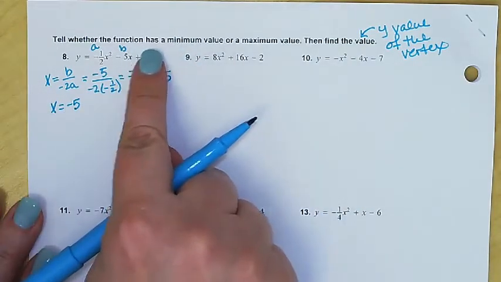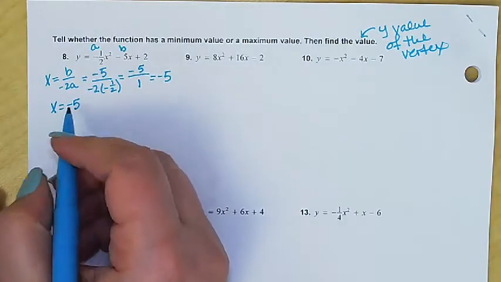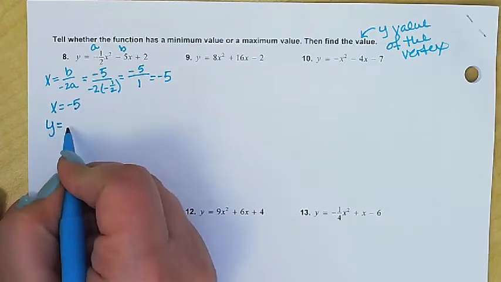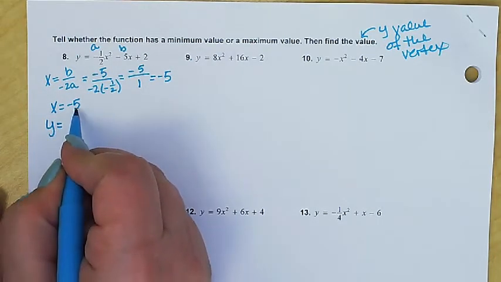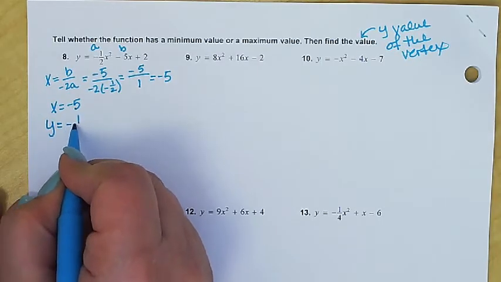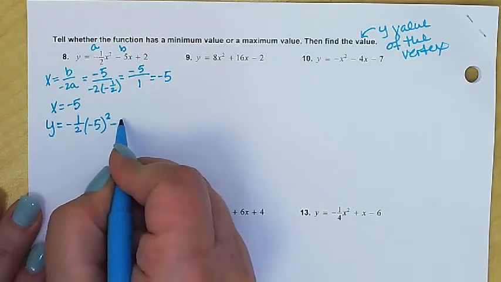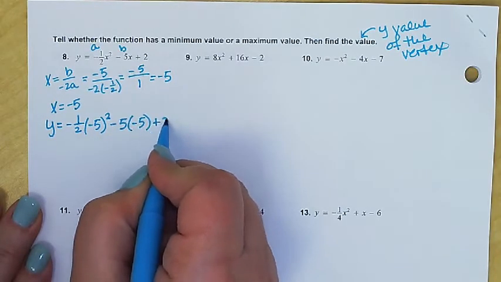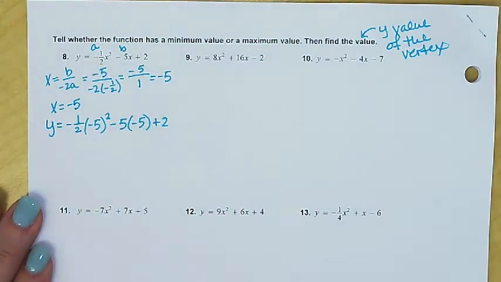Now that's not part of my answer, but I needed it to find my answer, because now I will take our equation up here and insert that input. My max or min is going to be the y coordinate when x is -5. So I'm just going to take our equation and plug that in all the way through. It's the same equation as up here. I've just plugged in a -5 for our x's.